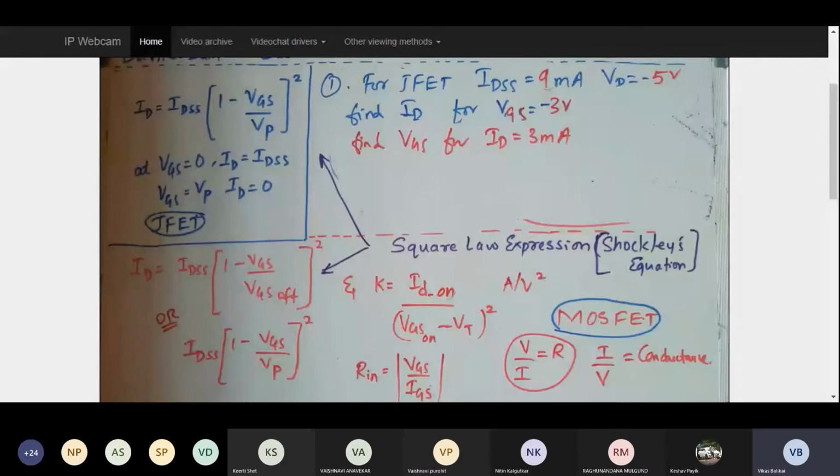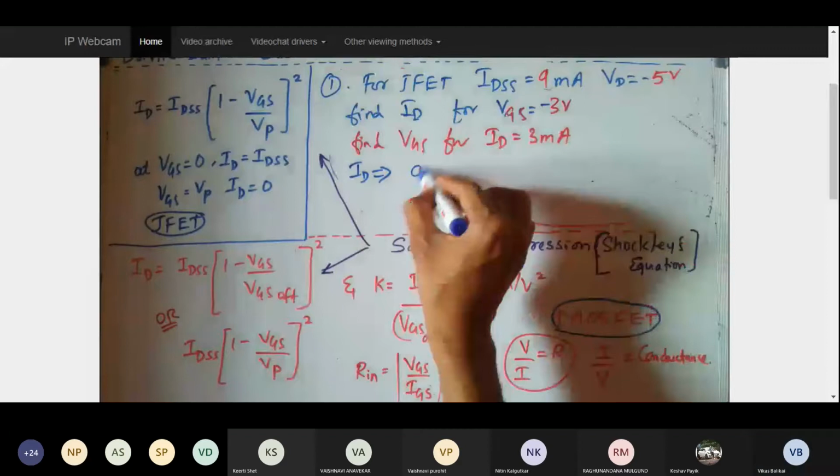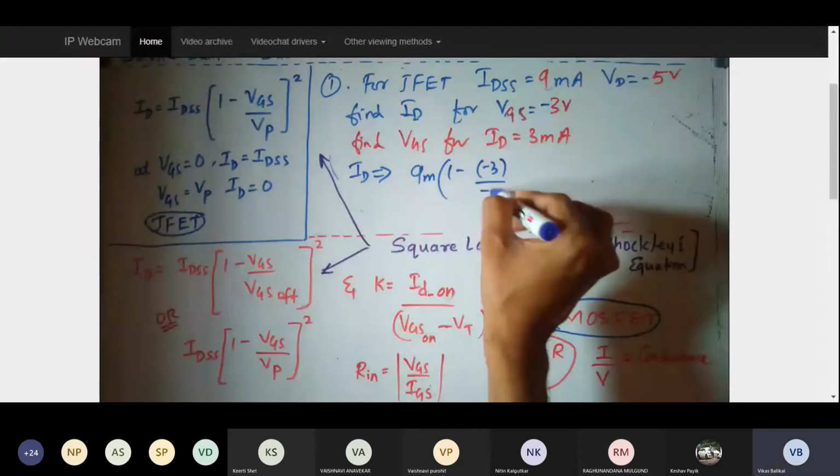First, tell me what will be the ID value. Substitute and let me know what will be the ID value. IDSS 9 milli, 1 minus VGS is 3, VP is 5, whole square.